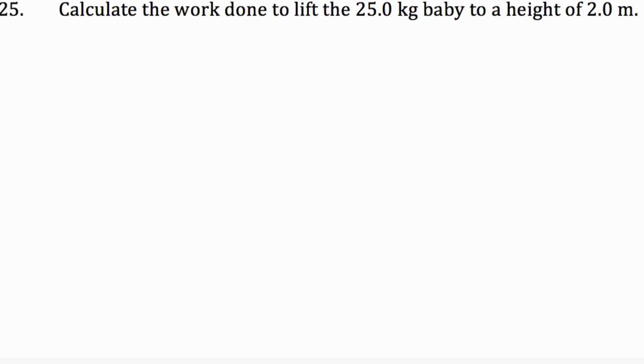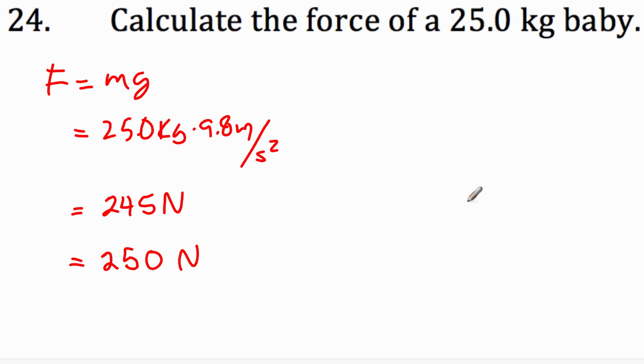All right, last question. Calculate the work done to lift the baby to a height of 2 meters. Yeah, some baby. All right, so work is equal to force times distance. I just figured out force on the last question, right? 250.